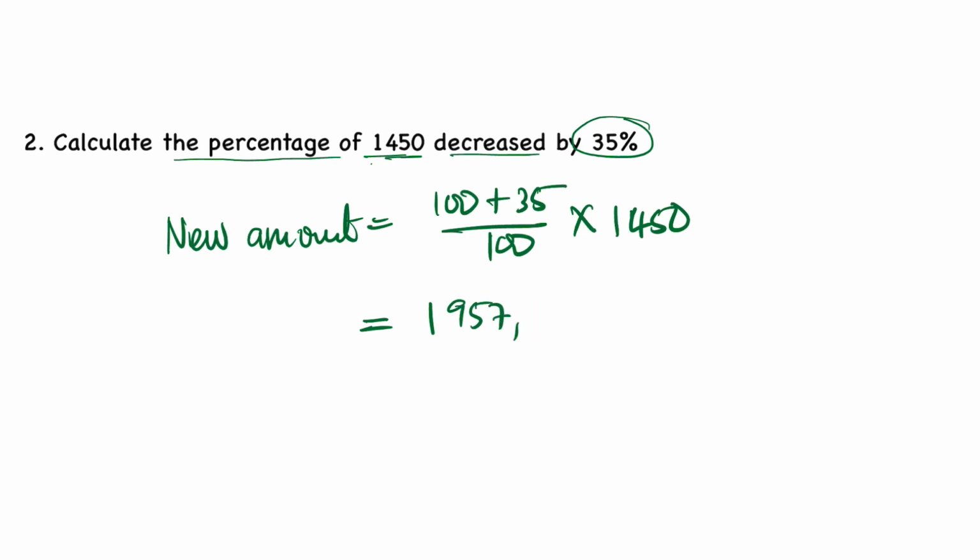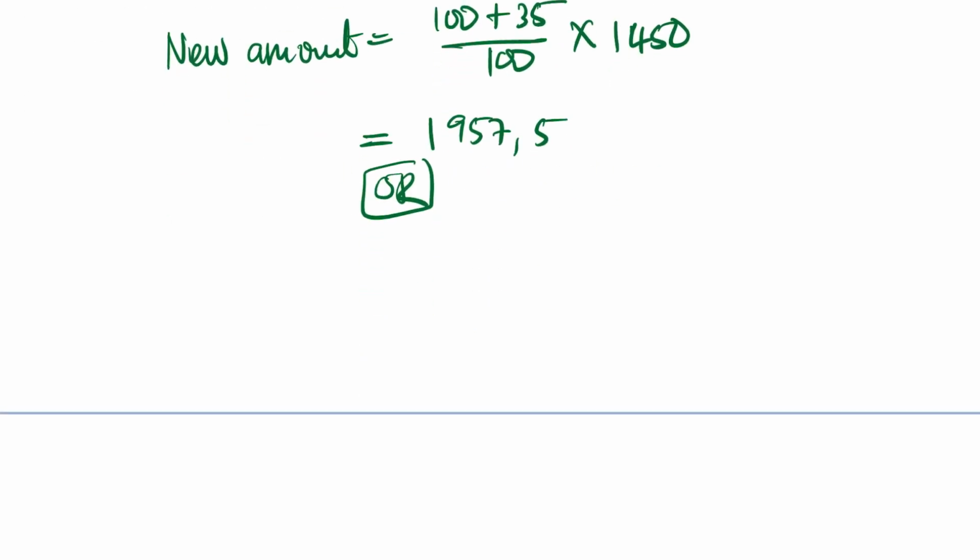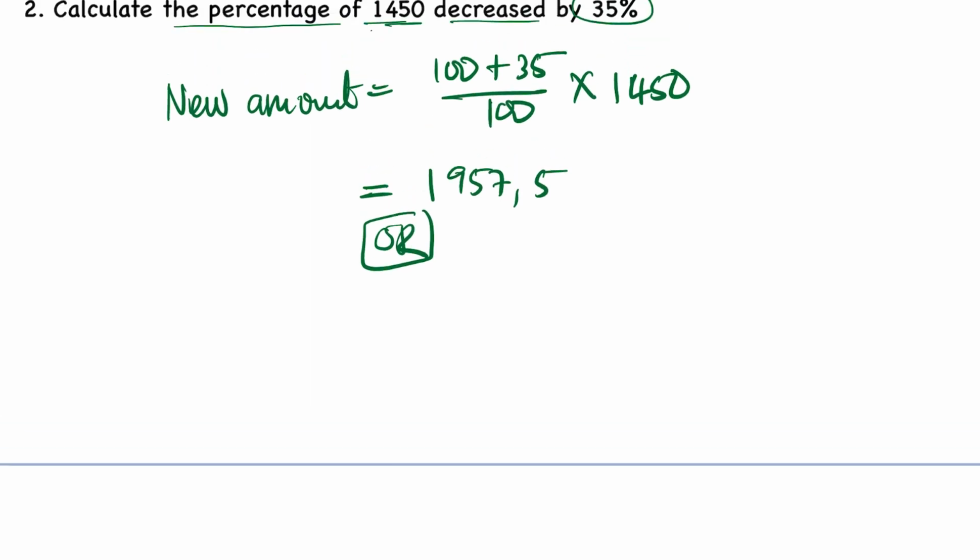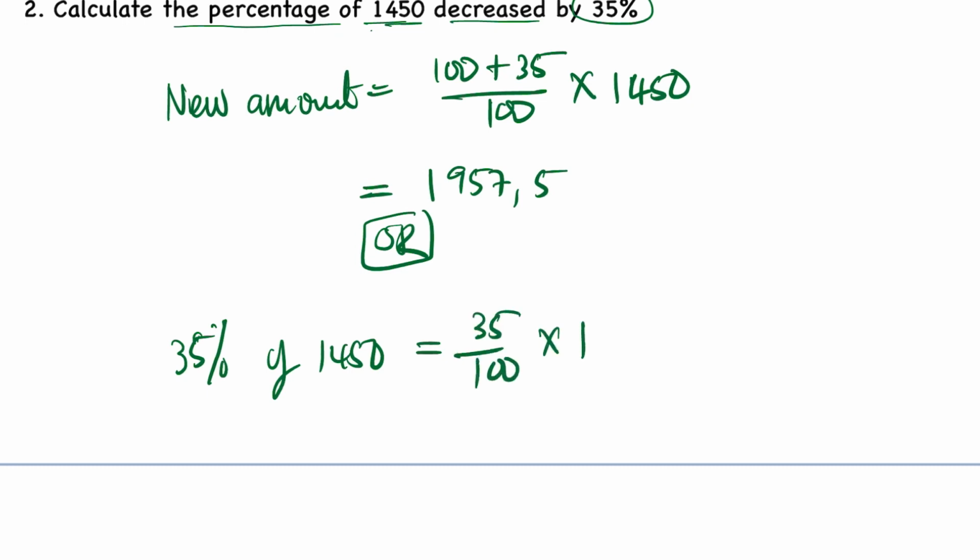So it will be 1,957.5, right? Alternatively, what you can do, you can calculate the 35% first of 1,450. You say 35 divided by 100, you times by 1,450.